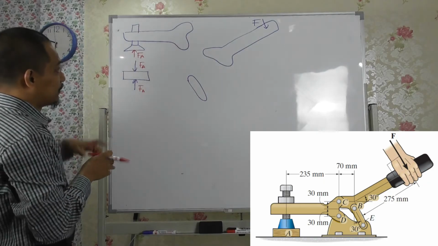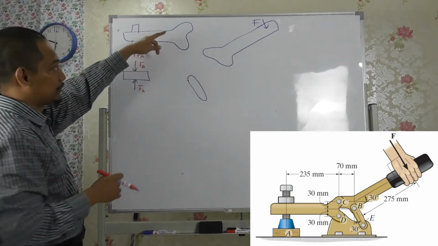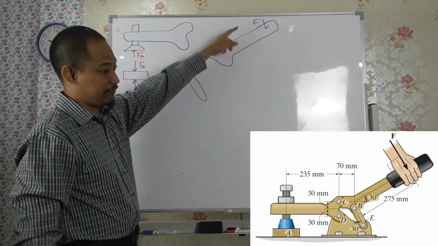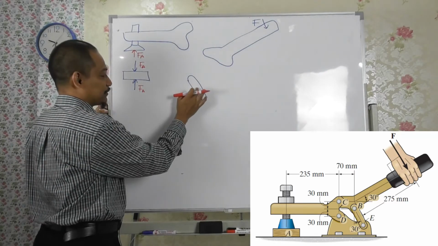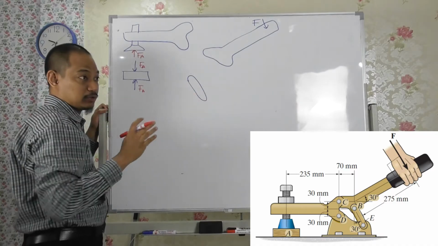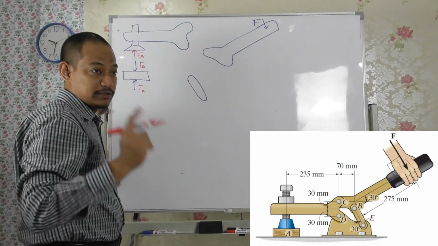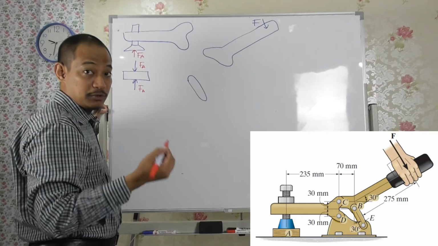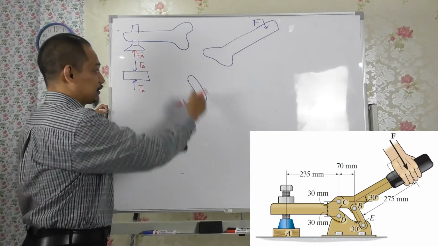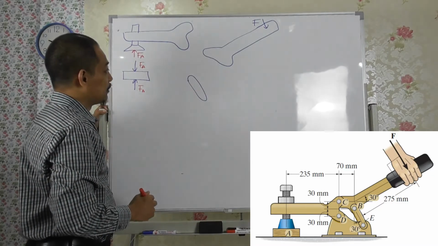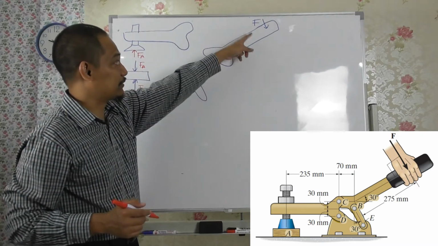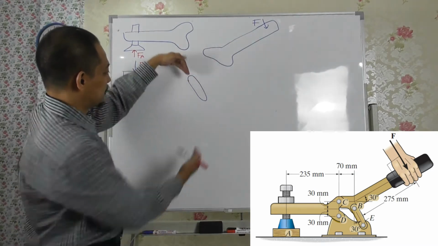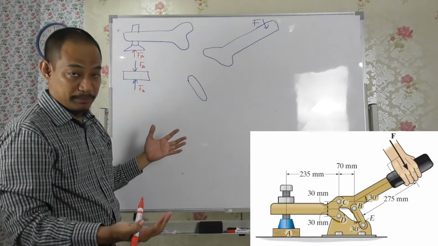And then if you go here, moving from point F, first this one. This is a two force member. So when you have a two force member, you should understand by now it is either tension or compression, right? So it's along this line of action. In this case, logically, if you understand that this is being pushed down, this must be pushing this, so this must be in compression, right?